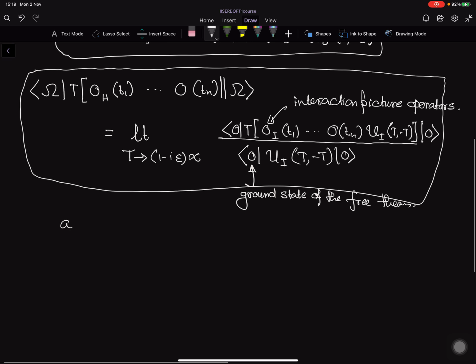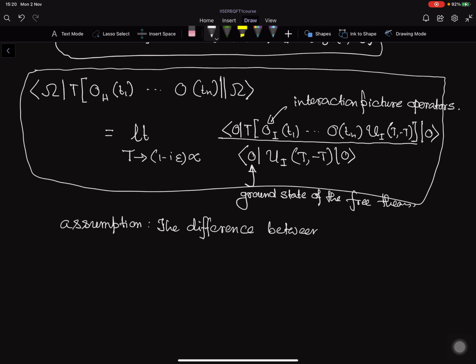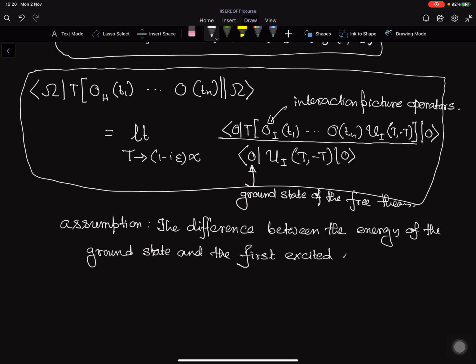Okay, there is also an important assumption that we would like to mention. The assumption is that the difference between the energy of the ground state and the first excited state is non-zero, which means the spectrum is not continuum around the ground state.